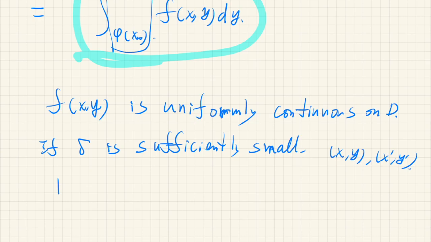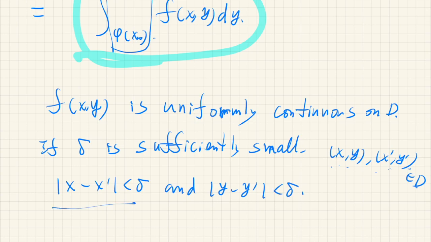If, of course, these are in the region D, for all such pairs of points, we have, if the distance between these two points is sufficiently small, and that can also be expressed in this way.